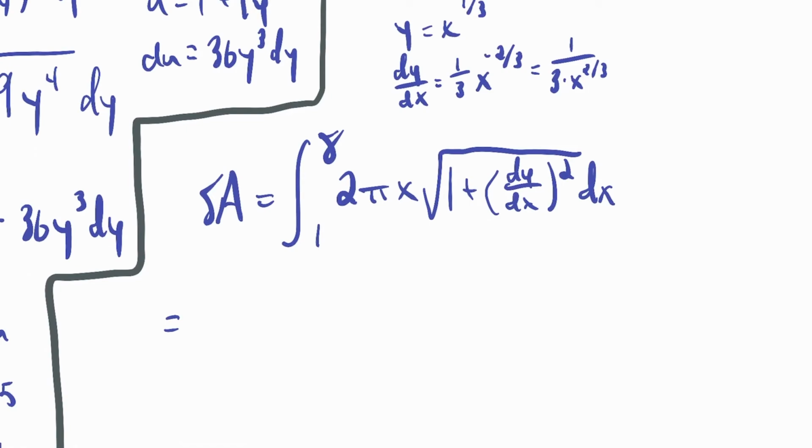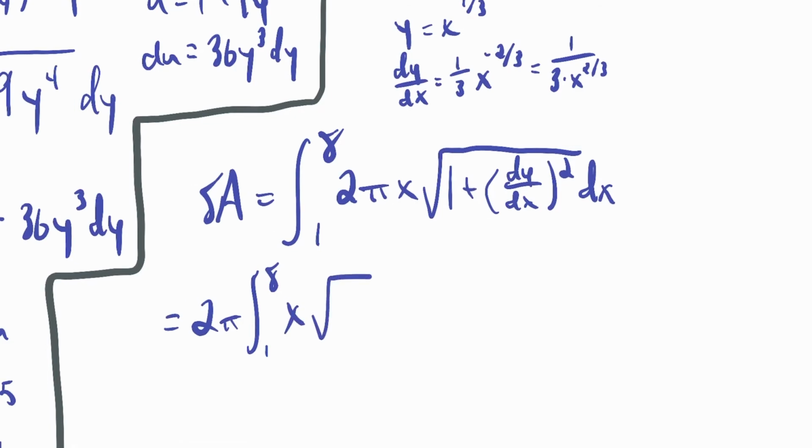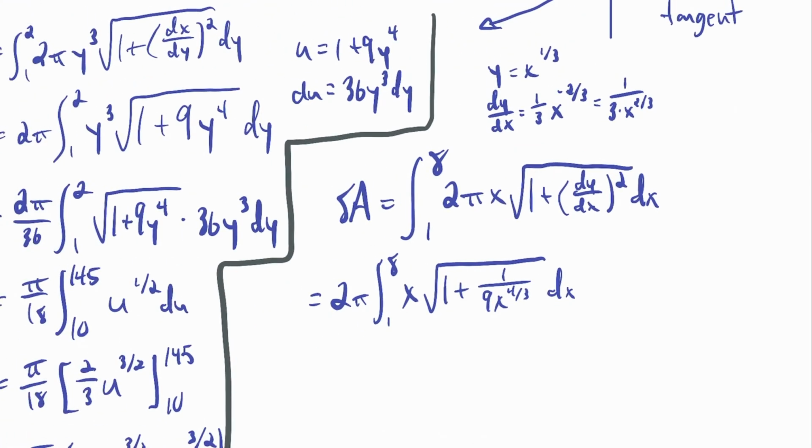Okay. So that means that I'm doing 2 pi times the integral from 1 to 8 of x times the square root of 1 plus this guy squared, 1/9 x to the 4/3 power dx. And maybe you can already see that this is maybe a little harder to deal with than this. It's got similar elements to it, but it's going to be more challenging.